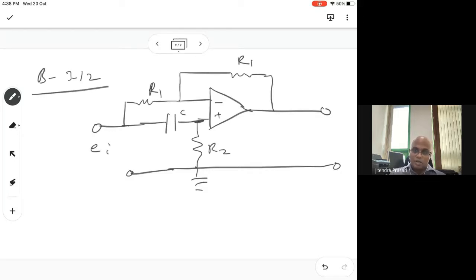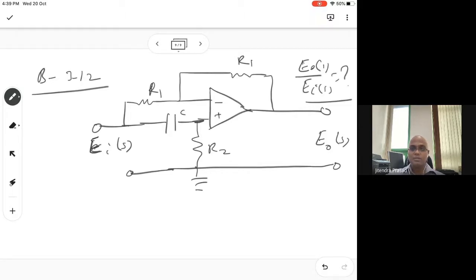Okay, so after the Laplace transform we can write E naught here, and in this case we'll write EI, both in s. Now we have to find the transfer function, which means E naught over EI(s) is equal to what? So this transfer function we have to find out.